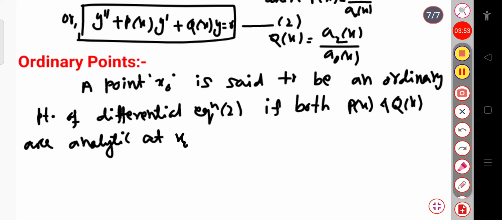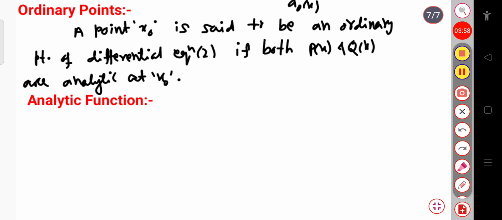Now we will see what an analytic function is.